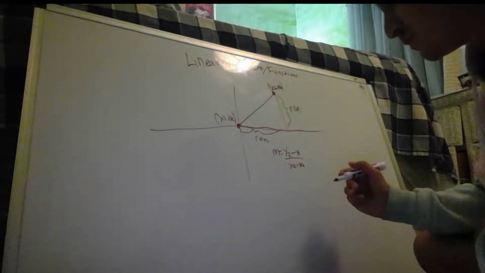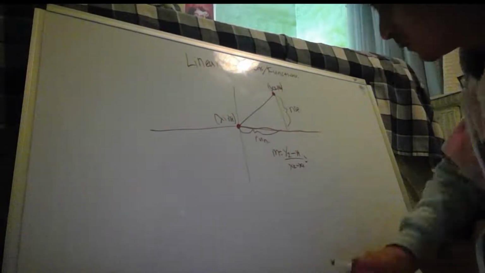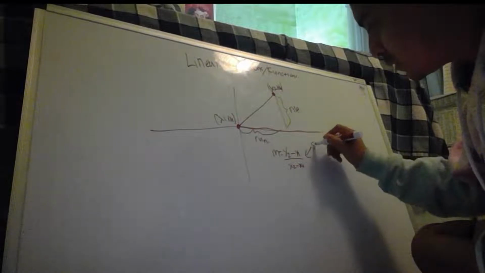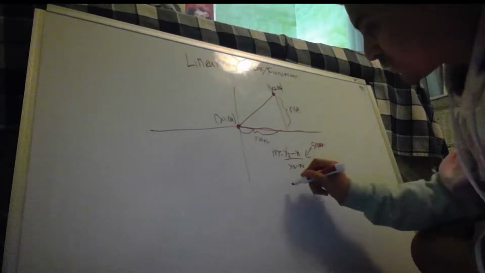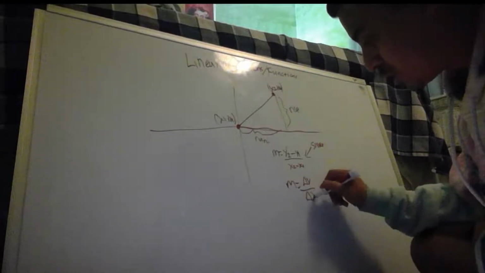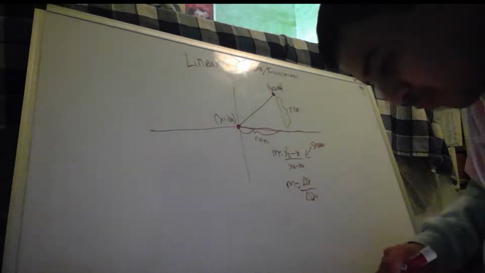Anyways, this is what slope is. You may also have heard that slope is the change in y over the change in x, or delta y over delta x, right?